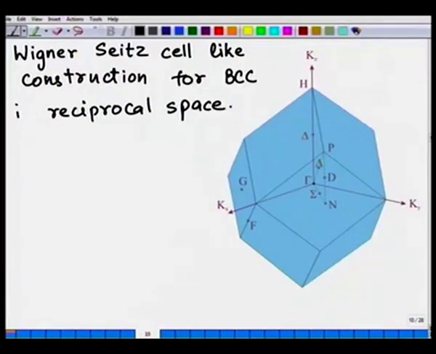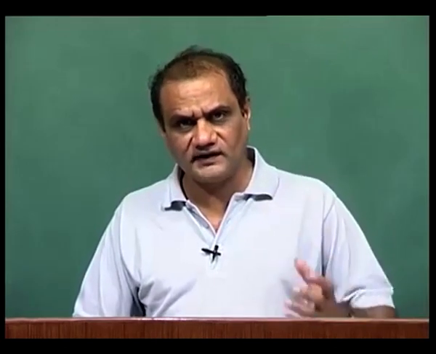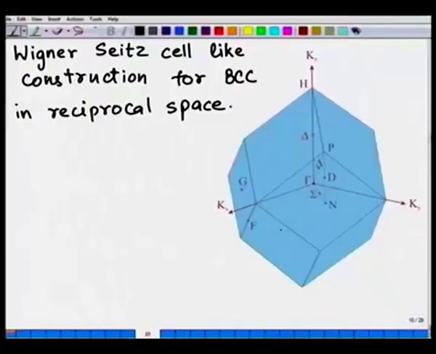So, if we do a construction just like the Wigner-Seitz cell, which we did for direct lattice, then obviously whatever we did for FCC, if you go back and look at your Wigner-Seitz cell for FCC, since in reciprocal space BCC looks like FCC, therefore, if I make a Wigner-Seitz cell in the reciprocal space, then it will look like an FCC, and that is exactly that same cell which I have drawn here in this page. We have this cell which has been drawn.